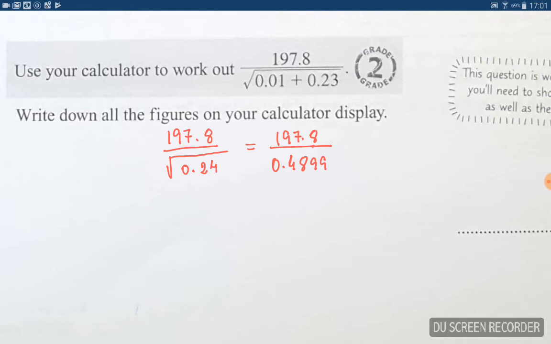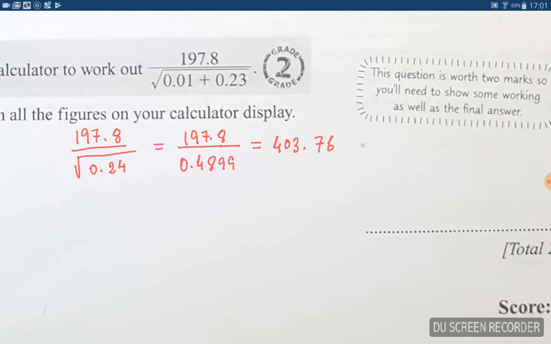And now I can do the division because I have worked out the square root. Put it in your calculator, and this division will be 403.76, rounded to 2 decimal places.